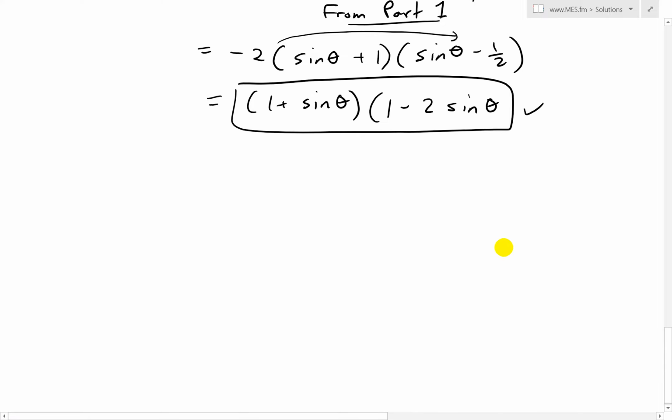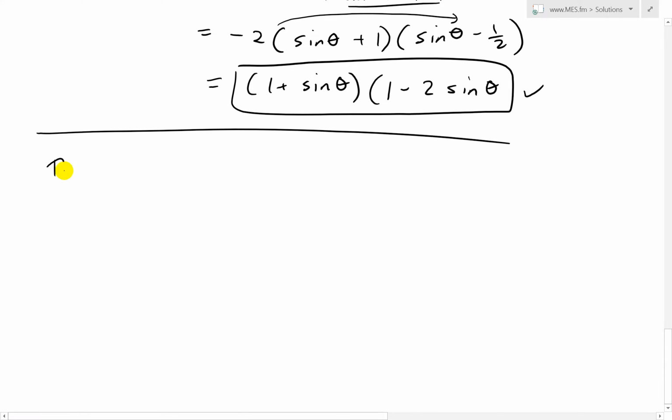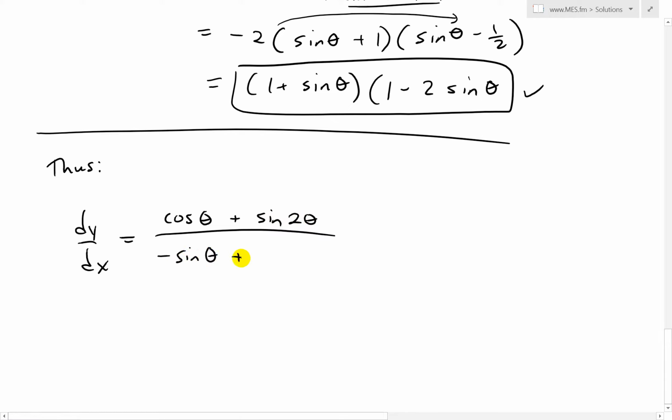So thus we can just combine these all together. Thus the derivative dy over dx is equal to, in both ways you could write it, cosine theta plus, this was sine 2 theta, the one I just solved above, and then negative sine theta plus, this was cosine 2 theta.